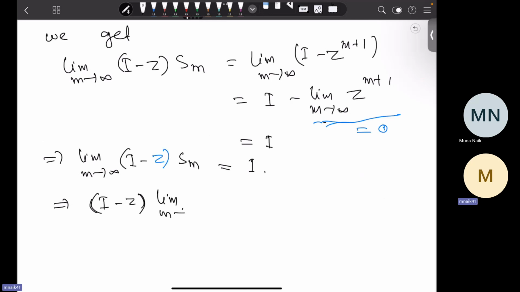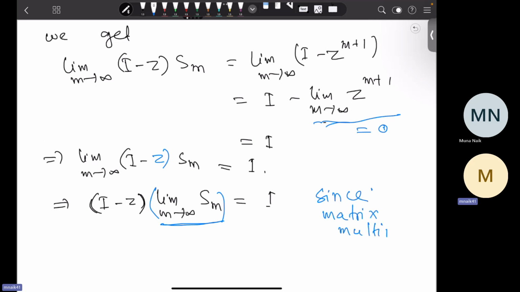So the limit as m tends to infinity of S_m is equal to I. The reason is that matrix multiplication is continuous.